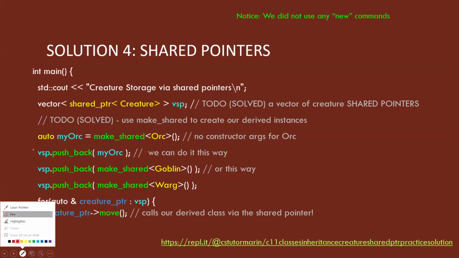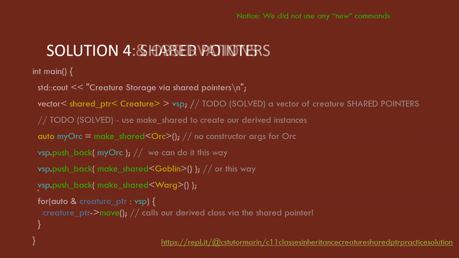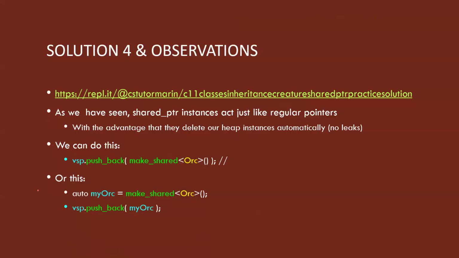I forgot to mention this. Since we're using auto here, my orc figures out that it needs to be a shared pointer to an orc. So this is kind of a nice thing to remember. Auto kind of saves us some extra brain power that we have to apply to figure out what that's supposed to be there. Okay, so those are our key things.